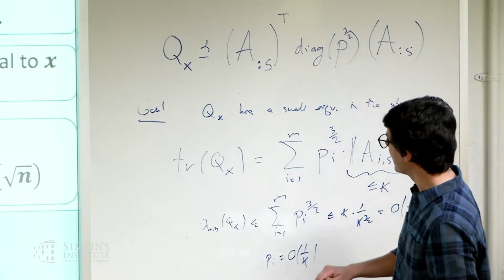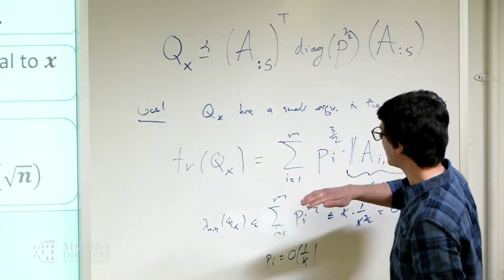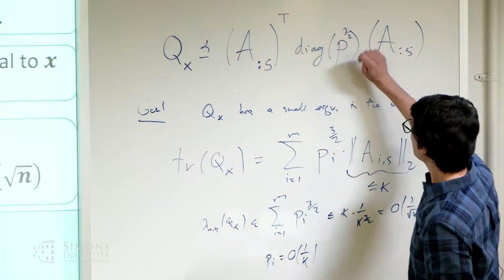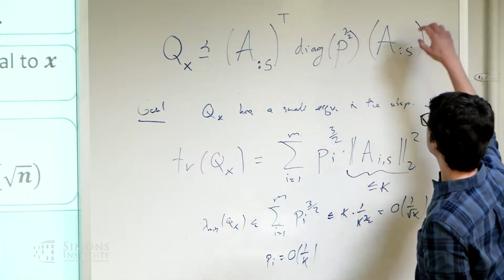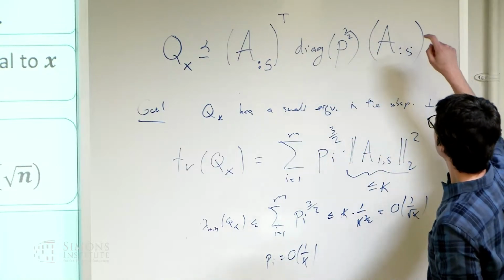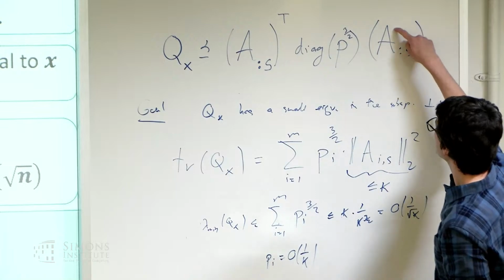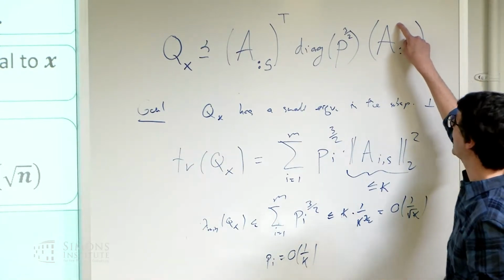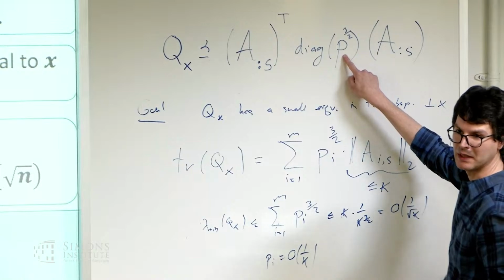What I can do is to say, let me try to ignore the subspace that's spanned by the rows of this matrix that correspond to the largest k over 2 entries in this vector P.